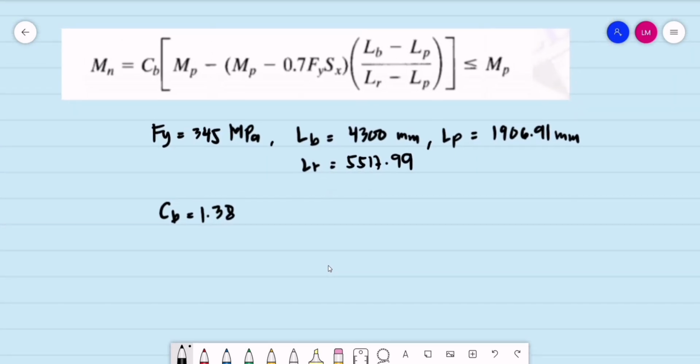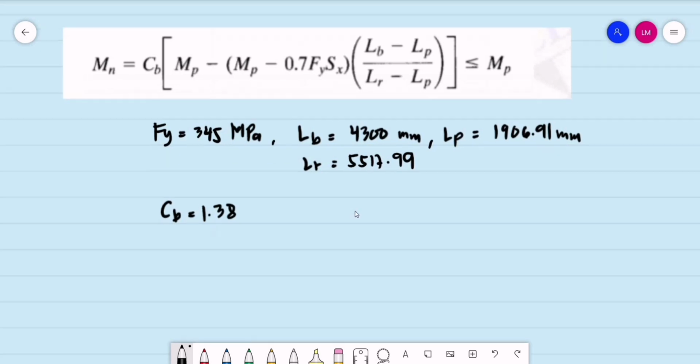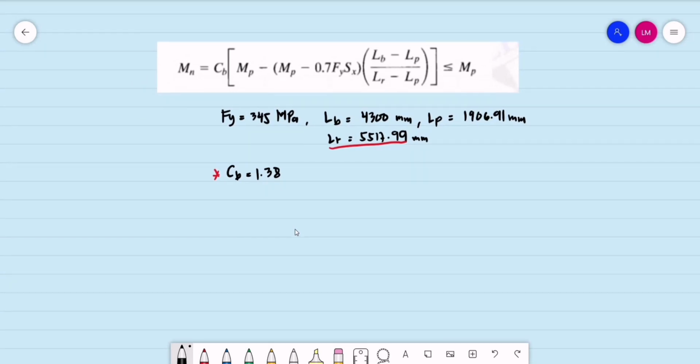Okay, so under zone 2, we can compute for the nominal moment capacity using this equation. So we have the computed value of C sub B, the LR, and the L sub P. Let us first compute for the plastic moment. We have M sub P equal to Fy multiplied by Z sub X. Our Fy is 345 megapascals, which is the same as newtons per square mm.